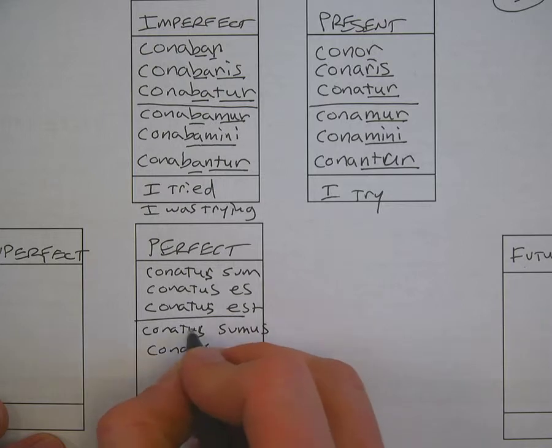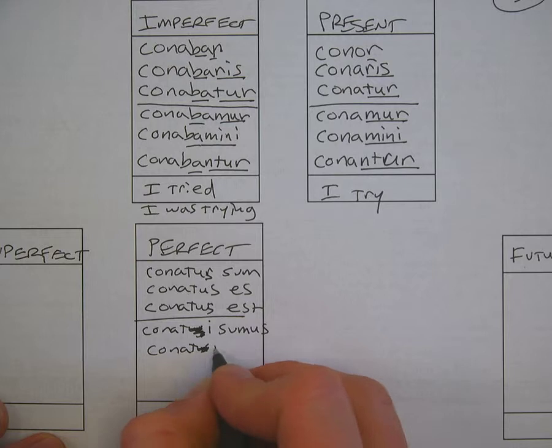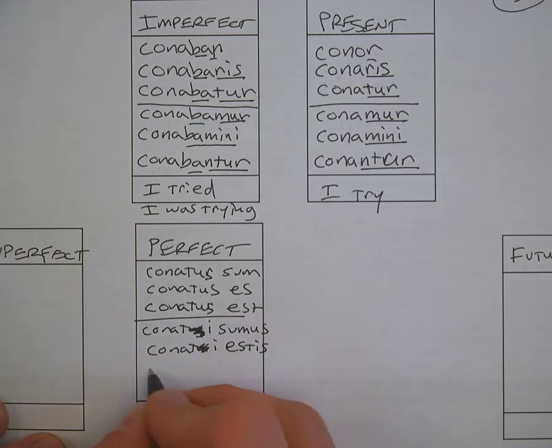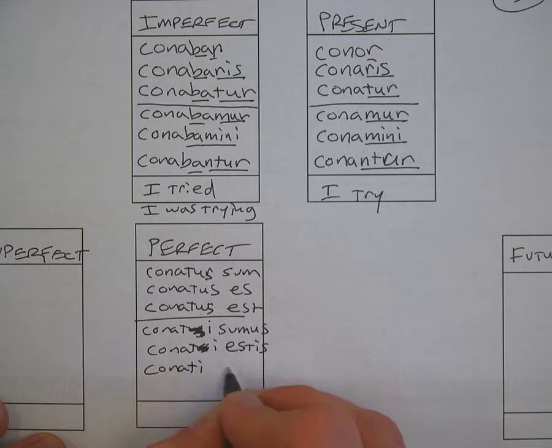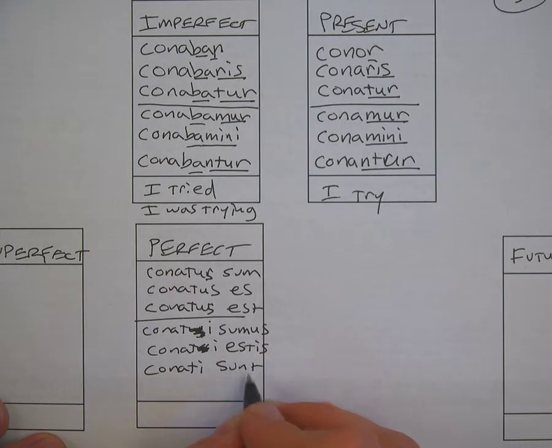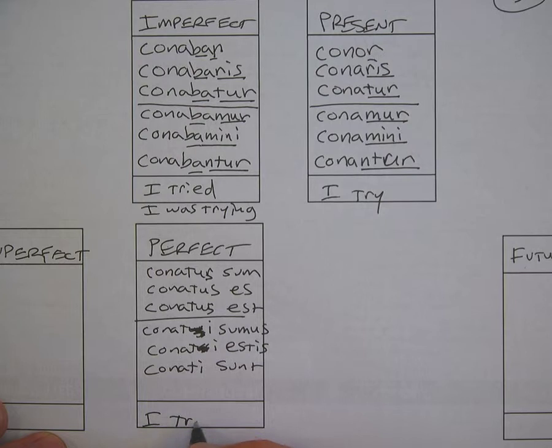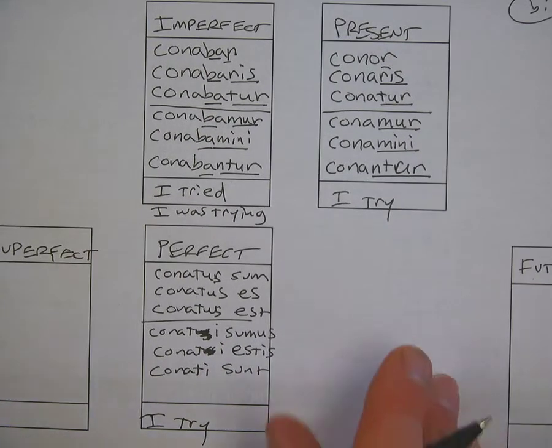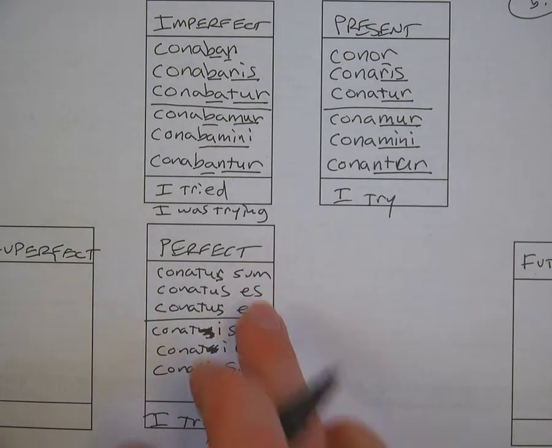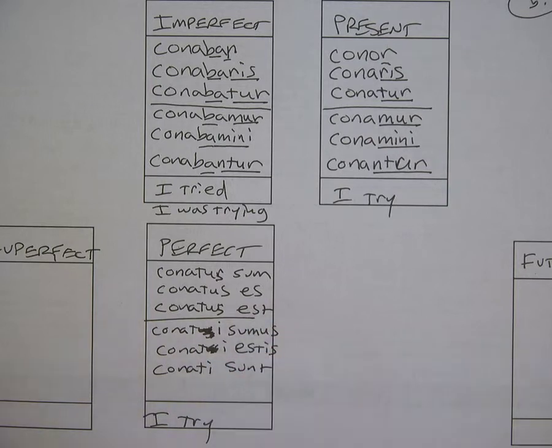Oh, I'm sorry, these are plural, so conati sumus, conati estis, conati sunt, or they tried. And that'd be like I tried, just simple past, right? I tried, you tried, he tried, we tried, you all tried, they tried.